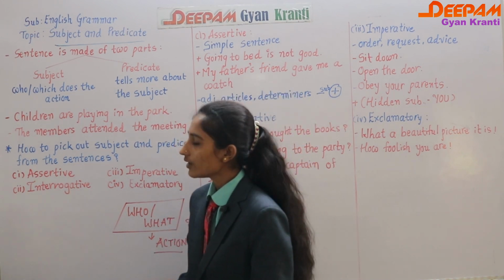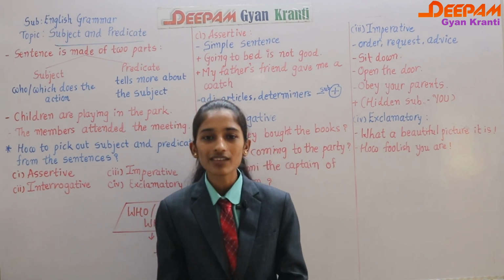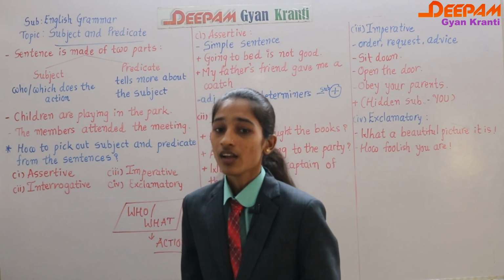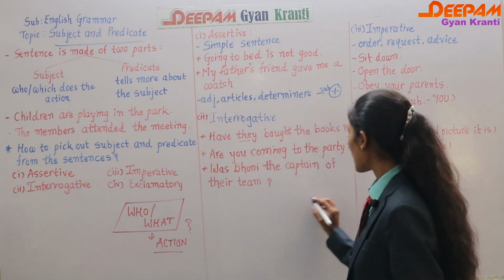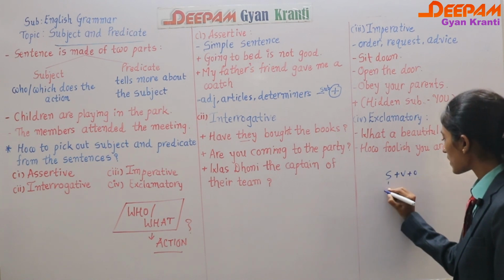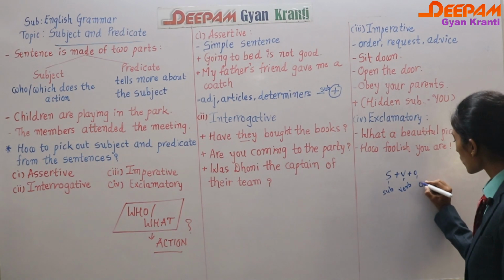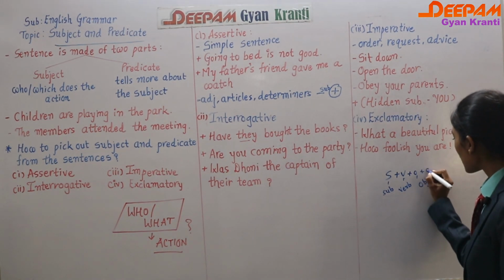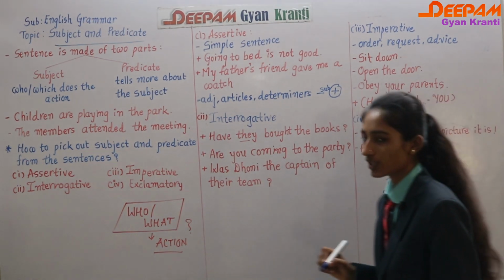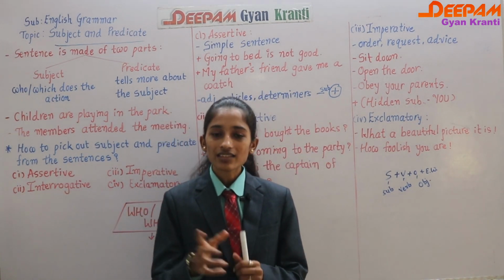First of all, if we are talking about the sentence, you know very well that the structure is S plus V plus O. S means subject, V means verb, and O means object. Then sometimes extra words are also there. So that is the complete structure of a sentence.